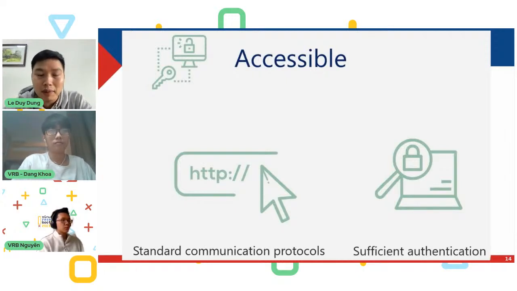Of course, it doesn't mean that it is open access. If you have sufficient authentication for accessing the data, then you still guarantee the privacy and prevent sensitive data from being exposed to the public. Okay, so accessible means that you should follow some standard communication protocols, but also guarantee sufficient authentication.